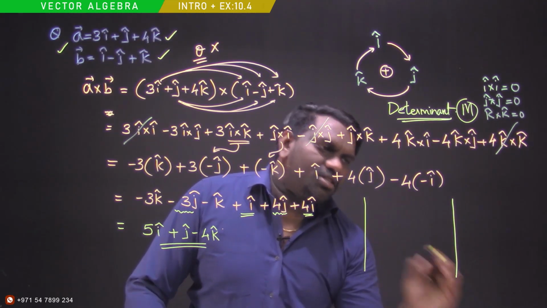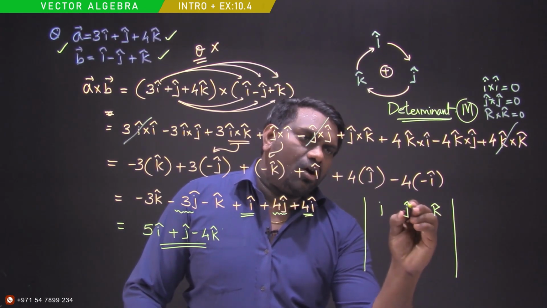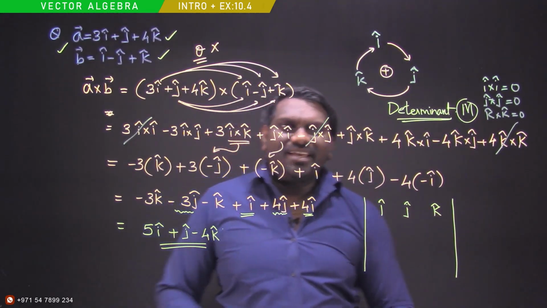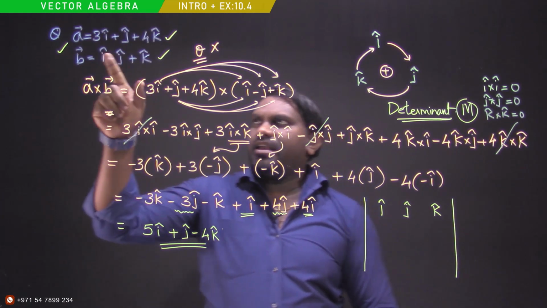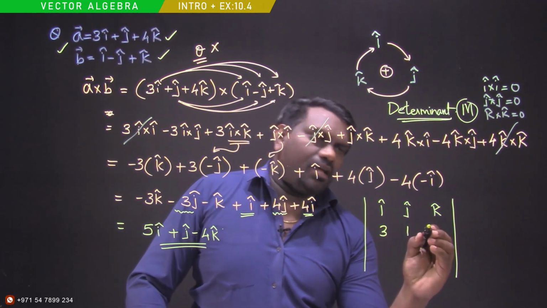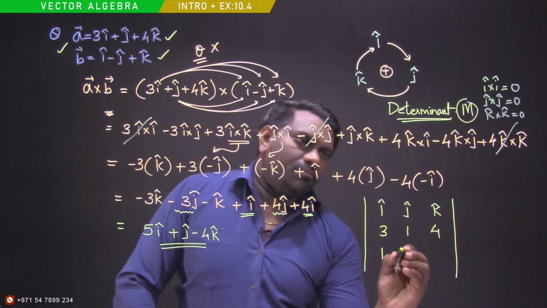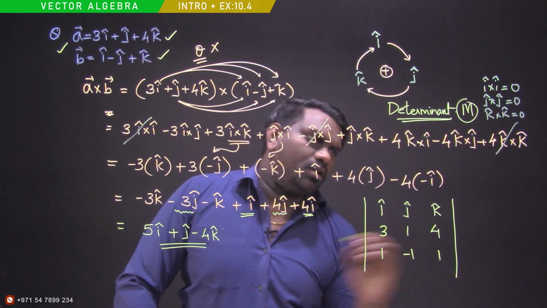Obviously you have the determinant here. The first row is i, j, k, all caps. Then the coefficients of A: 3, 1 and 4 there. Then B: 1, minus 1 and 1.